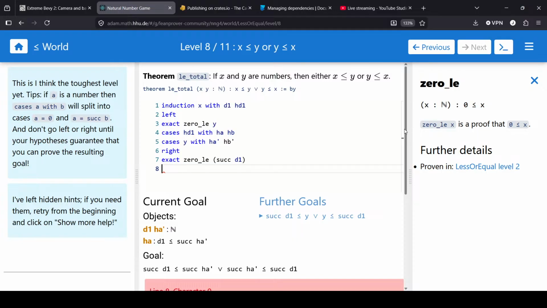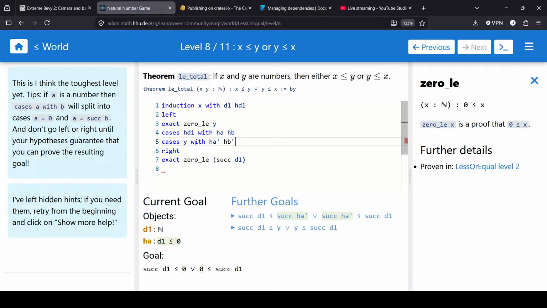Also, case splitting on a number only needs one new variable name. It's not a hypothesis. Oh, wait, really? Oh.